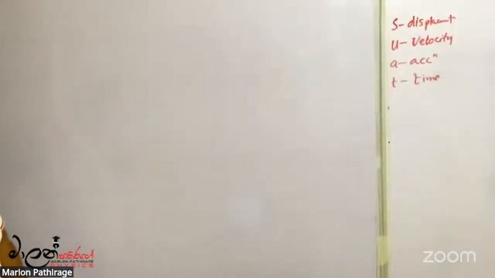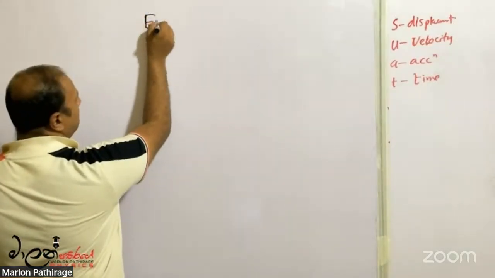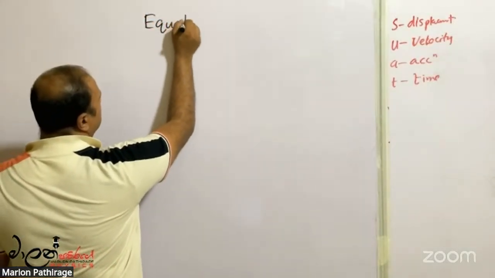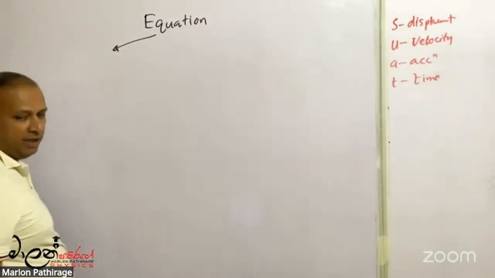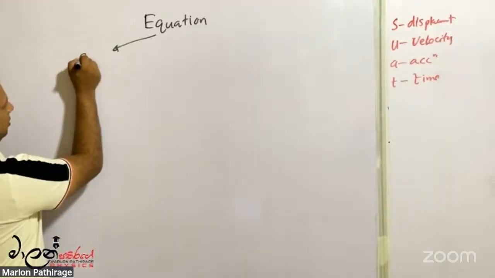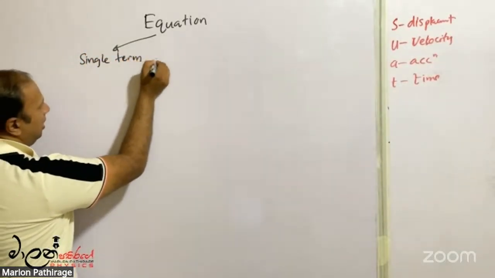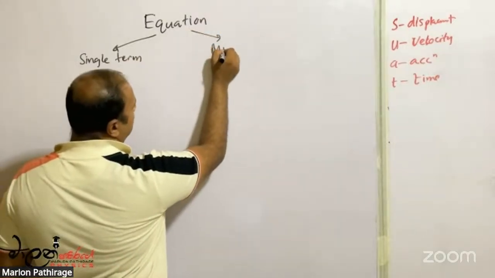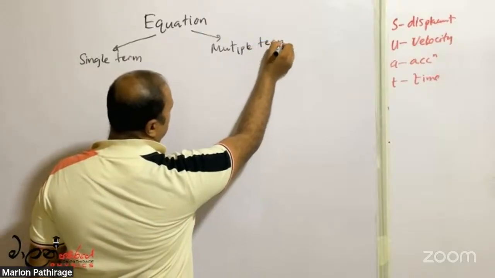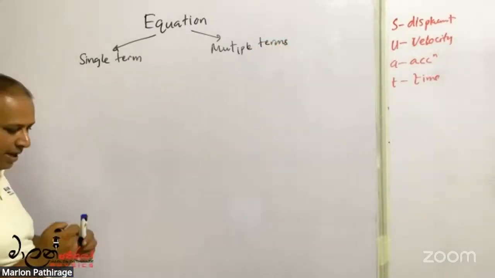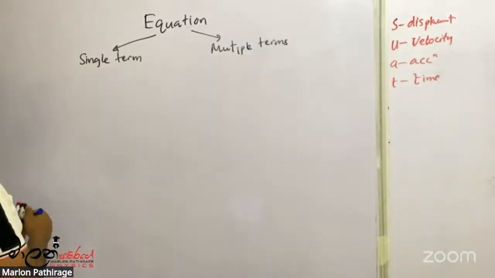Okay. An equation can be divided into two main categories. One is a single term equation. The other one is multiple term. Multiple terms means more than one term on one side.